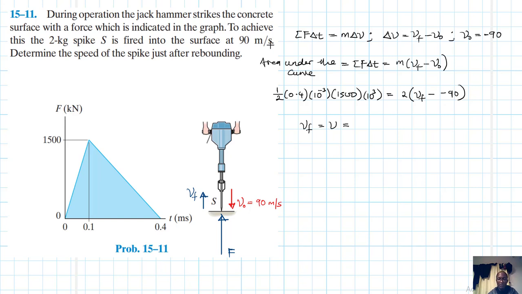Let's work it out: 0.5 times 0.4 times 1500, divided by 2, and minus 90. This gives us 60 meters per second. So this is the velocity just after rebounding.